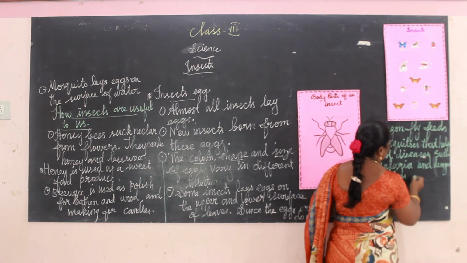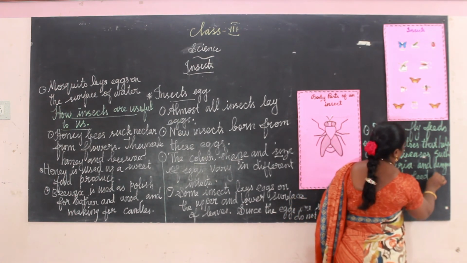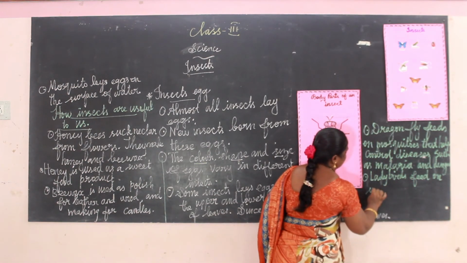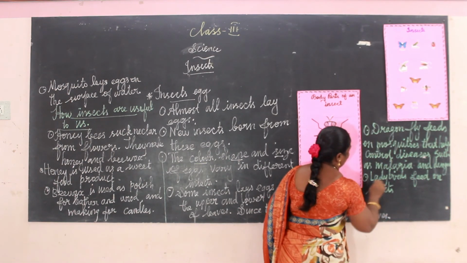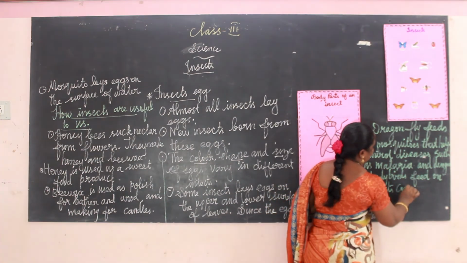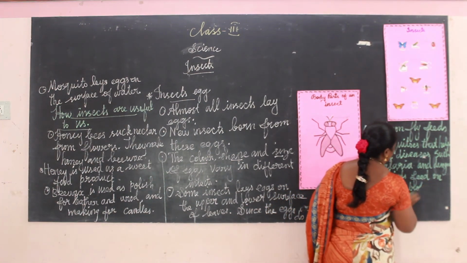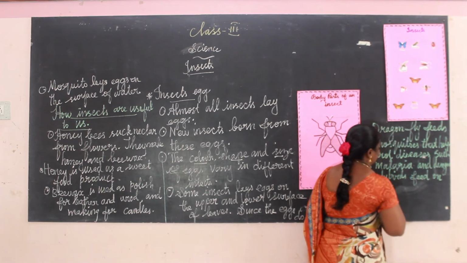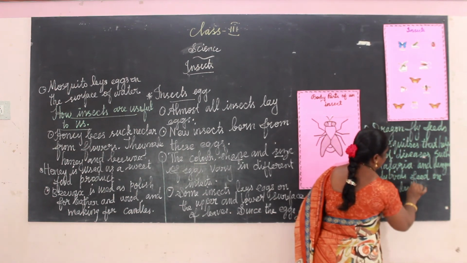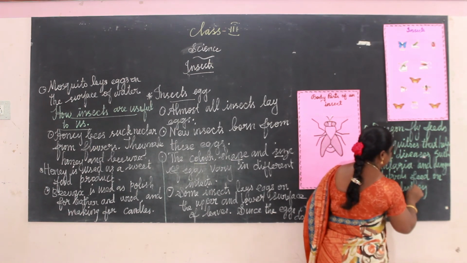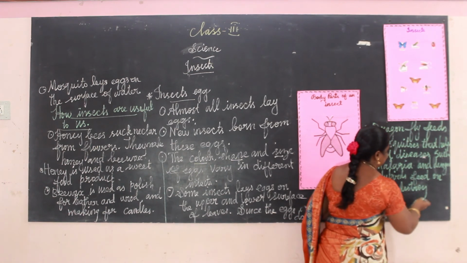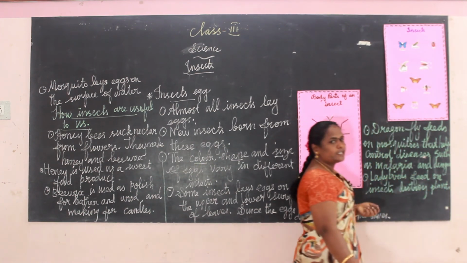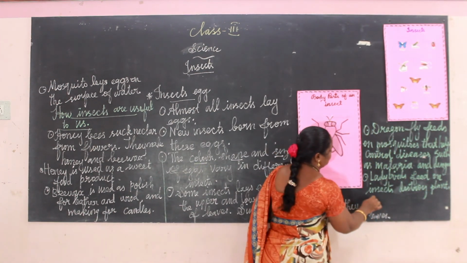Ladybirds feed on insects that destroy plants. Some insects are destroying plants, so the ladybirds feed on that type of insects. And the next one is the lac insect.